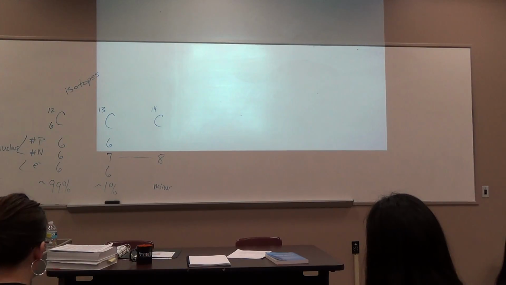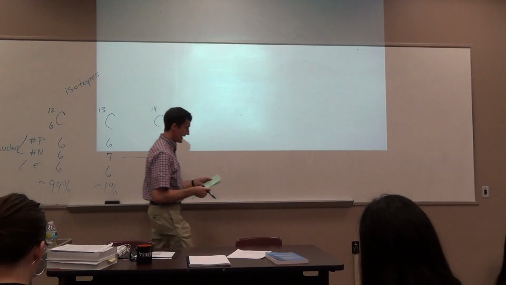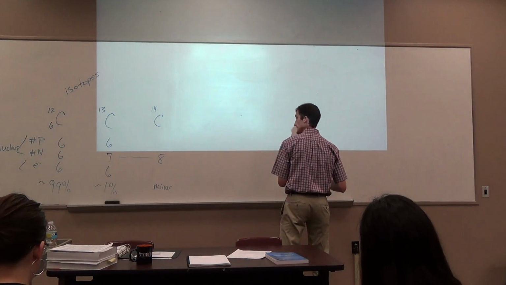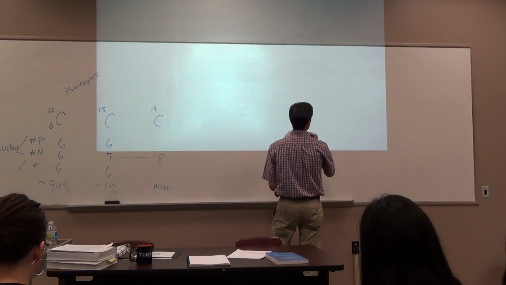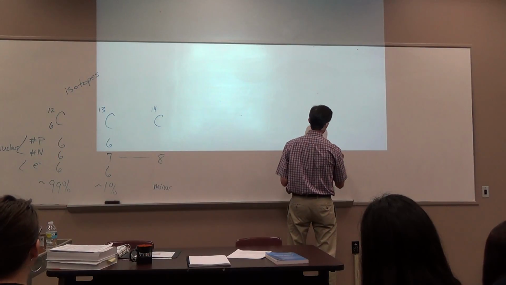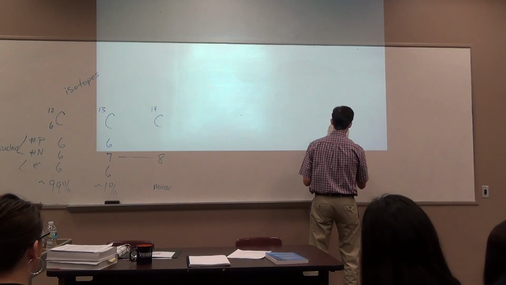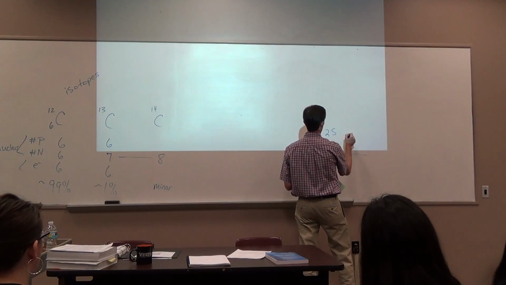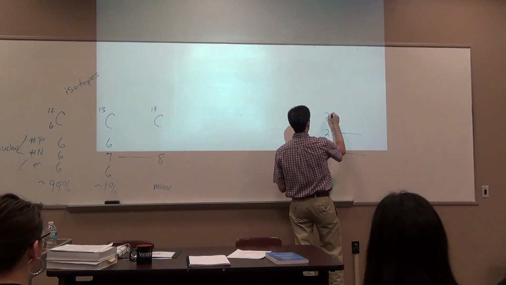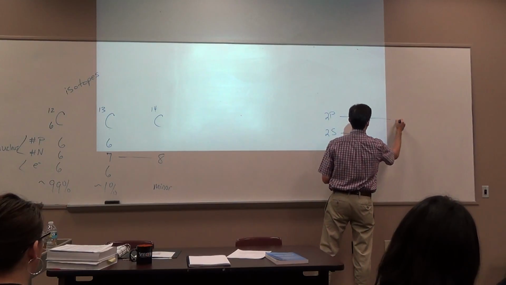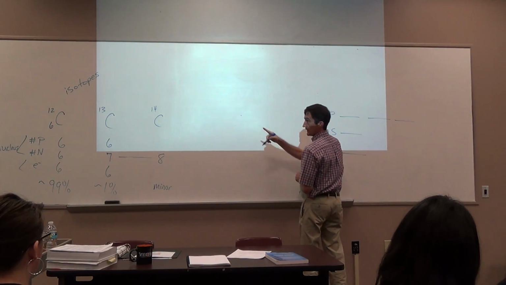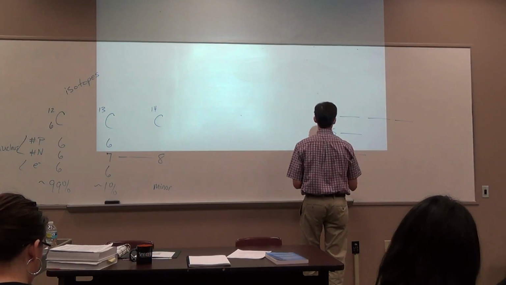Electron configuration of carbon. How many valence electrons does carbon have? Four. Let's see, I haven't had chem in a long time. I think it's 1s, what's next? 2s, and then 2p. And carbon has how many electrons?